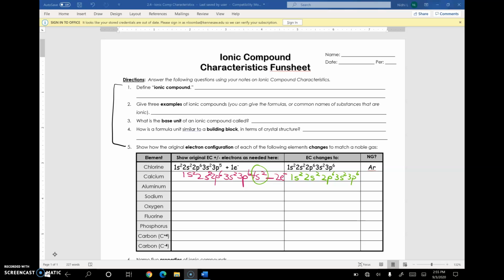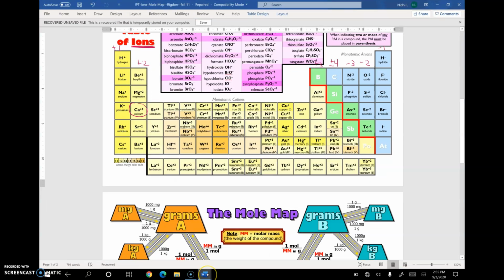Notice we lost that 4s2 orbital. When it loses 2 electrons, its electron configuration changes. So now we need to go back and see who has this configuration, because if you count these electrons, we've got 6 + 6, 12, 14, 16, 18. So we need to find whose configuration in the periodic table is 18. Who has 18 electrons?